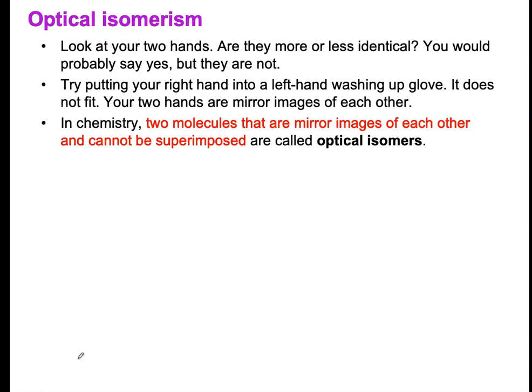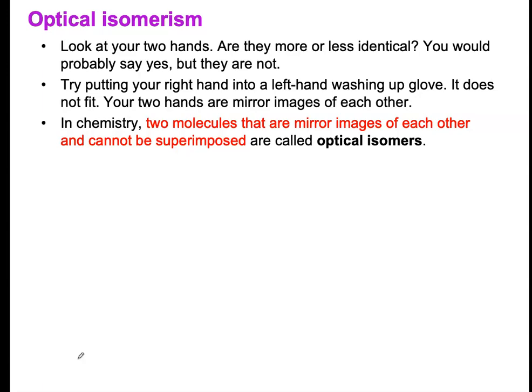They are more or less identical. So do this for me then. Take 2 washing up gloves and try putting the left hand washing up glove onto your right hand, and it will not fit. And that's a good example of 2 images which are non-superimposable.